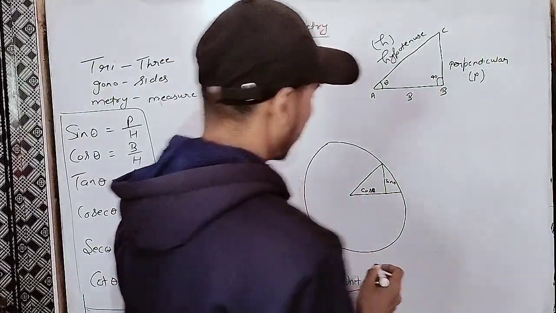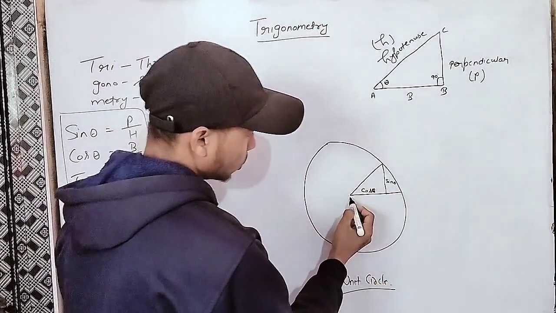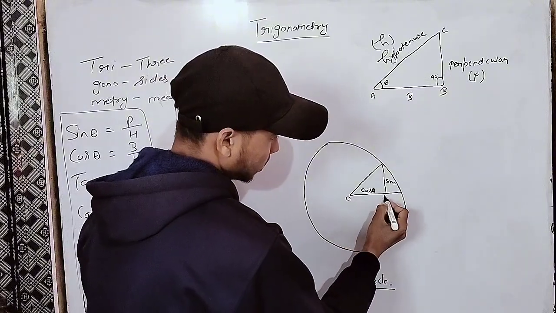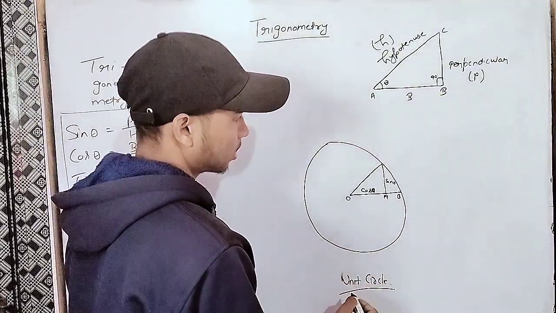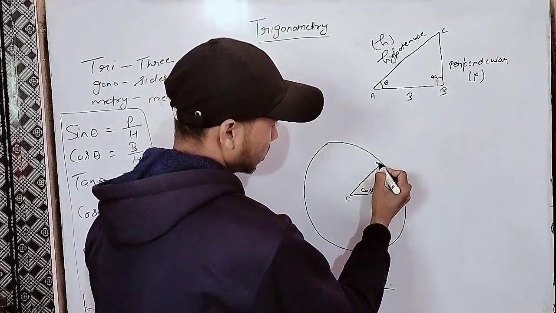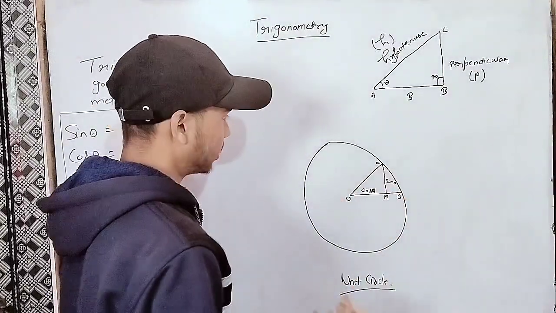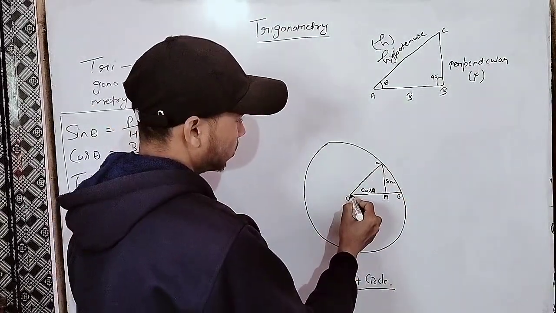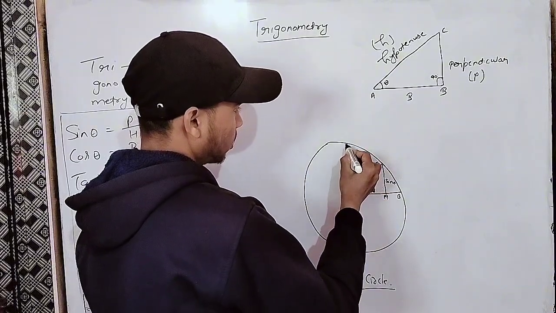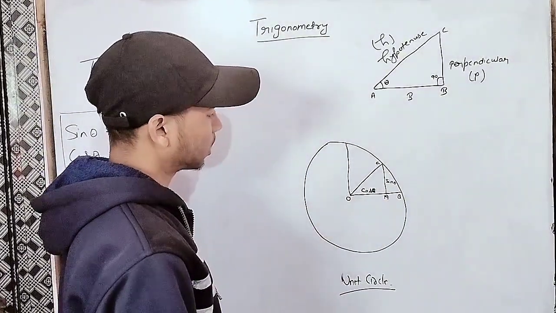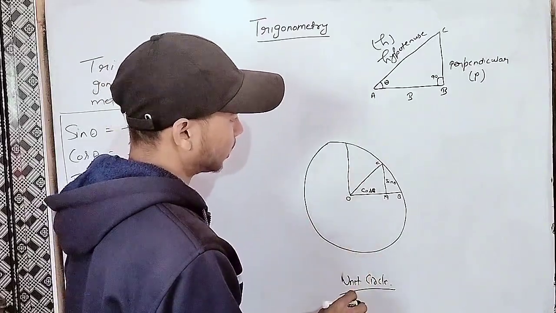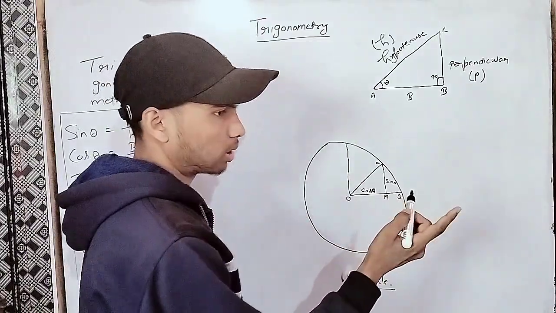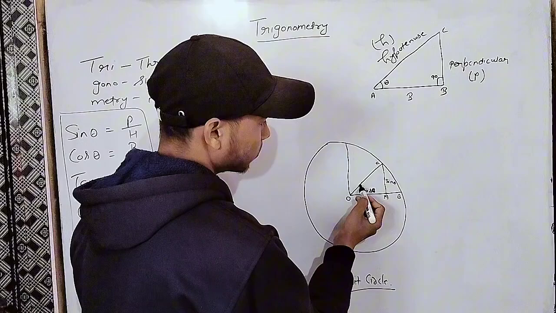So this is O, this is A, and this is B, and this is C, just to identify. And from here to here is the radius as well. Clear? Now let's take this slope.